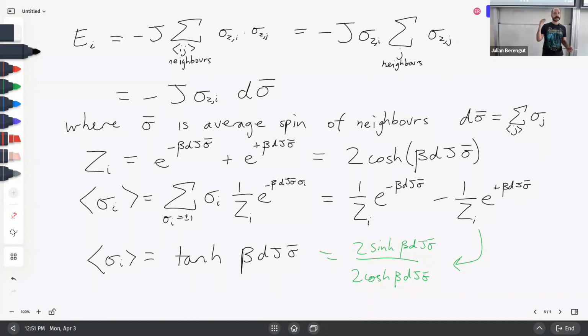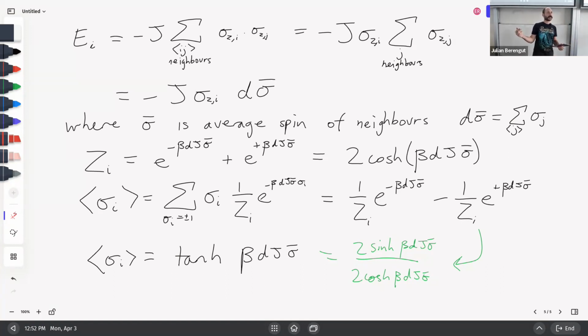This is what mean field comes to, a self-consistent field. For a self-consistent field, this sigma here, the average, should be equal to this sigma bar. Why? Because each spin is part of the nearest neighbors of its nearest neighbors. My neighbor's neighbor is me.